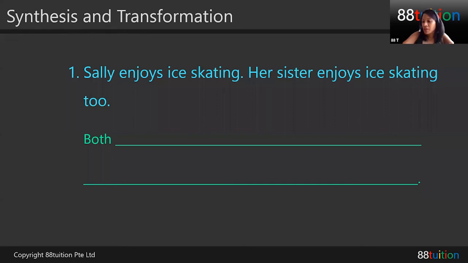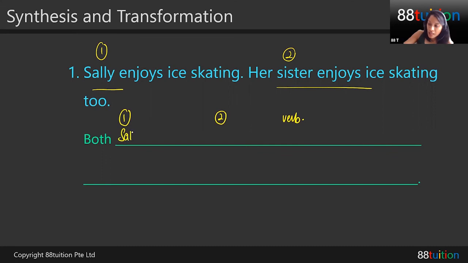Okay, now the first question. Sally enjoys ice skating. Her sister enjoys ice skating too. One person, two people, or two persons. So both, okay, you have person one, person two, and then you have the verb here, right? Okay, so both Sally and her sister. Is it singular or plural?